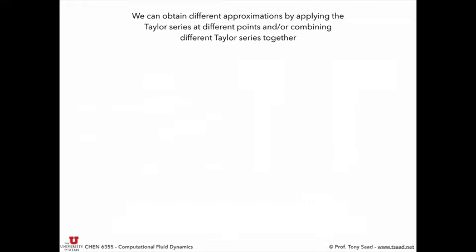You just have to be smart about where you write your Taylor series. So we wrote the Taylor series at point I plus 1 around point I. You can write it at point I minus 1 around point I, or I minus 2, or I plus 2. And if you combine the Taylor series in certain ways, you can get all sorts of stencil combinations, okay?